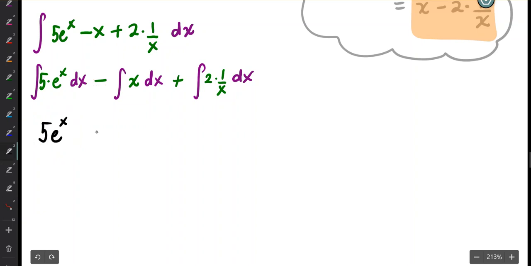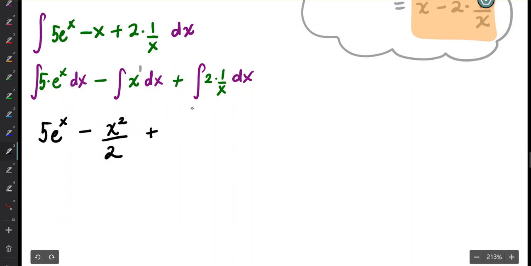Then minus the derivative of what function is x. x is an x to the 1, if you will. Adding 1 to this exponent, that's x squared, dividing by the new exponent, 2. Is this true? The derivative of x squared divided by 2, is it x? Convince yourself.